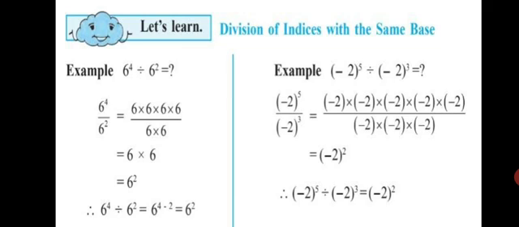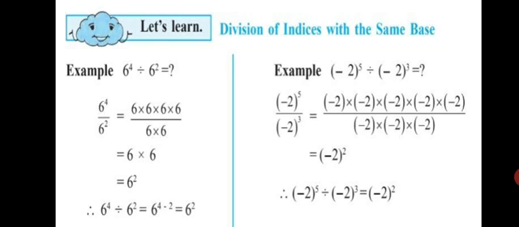So now that we have got the multiplication form, we can reduce the numerator and denominator which are equal. So two 6s from the numerator and two 6s from the denominator get reduced. So we are left with 6 multiplied by 6 which is equal to 6 square.